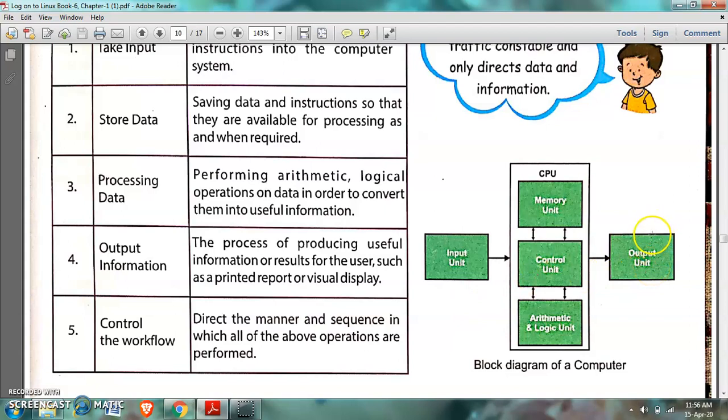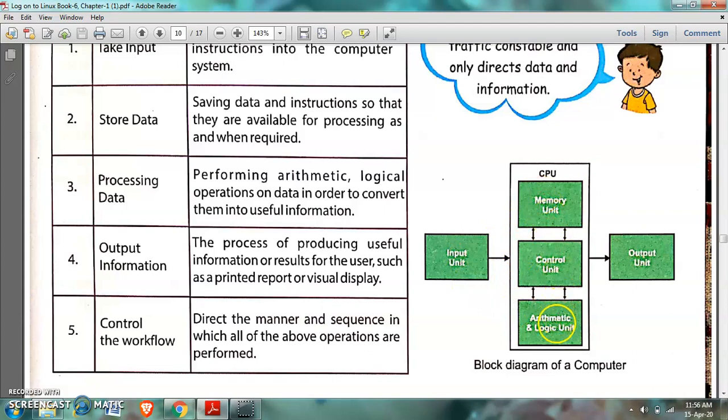Now the output unit shows the result which is received after processing. So you can see this structure, have a look and understand again. The input unit gives input to the computer, meaning the data is given by this unit.